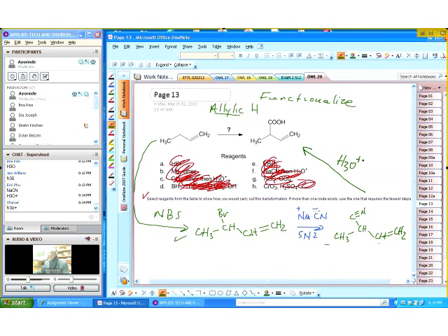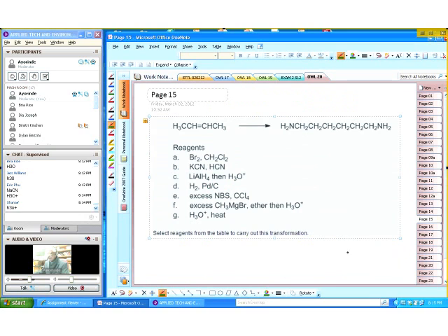Okay, so a reaction of cyanide in an SN2 reaction is another way of making a new carbon-carbon bond. In this case, we get rid of the nitrogen by simply hydrolyzing the cyanide group with hydronium ion to form the carboxylic acid. Okay, very good. I think we're moving right along.